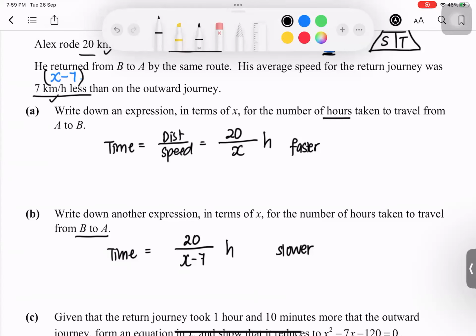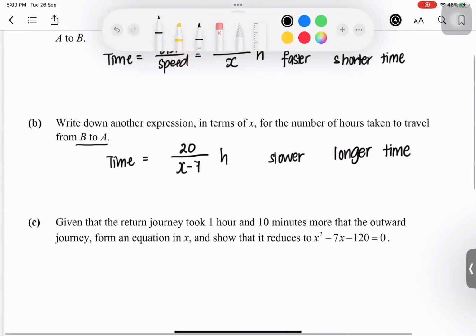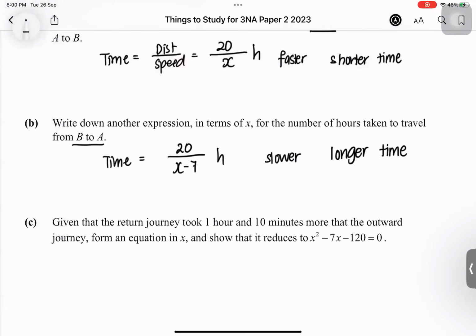Thank you, Glenn. So this one will take longer time because it's slower, right? So this one will take shorter time. Why do I need to identify this? Because the next part they say the return journey took 1 hour and 10 minutes more. So there is a difference. The difference is 1 hour 10 minutes.